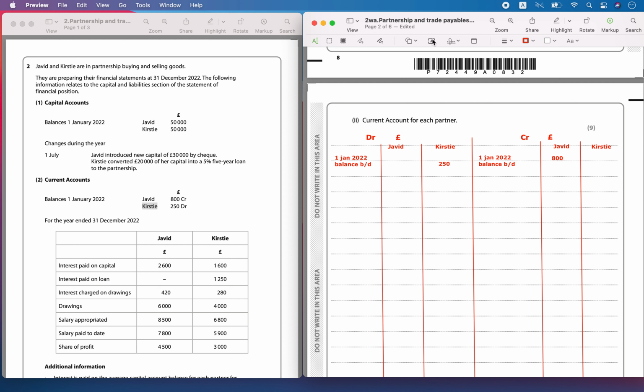interest on capital. So let's include interest on the capital. Then you will also have to include interest on the loan.